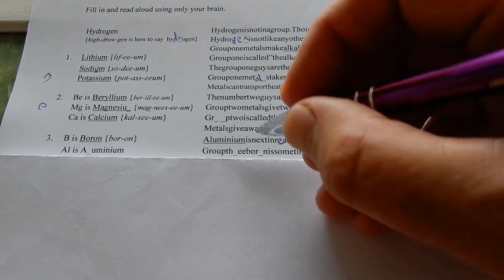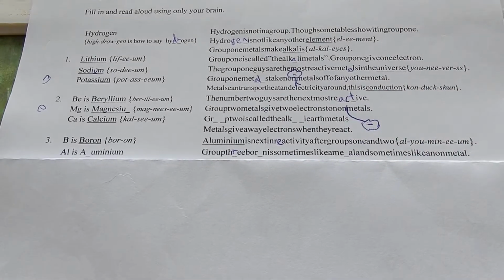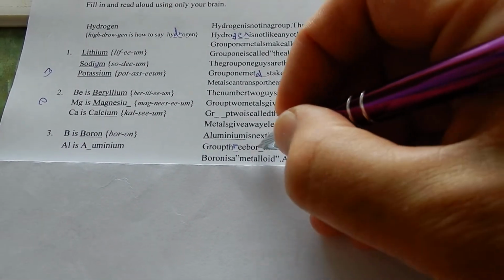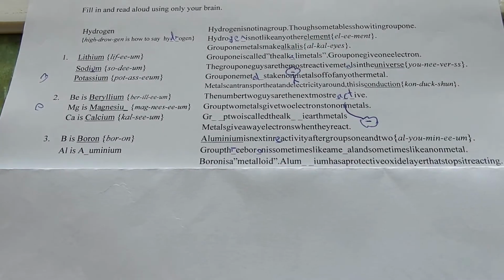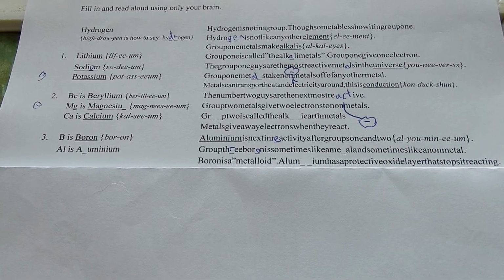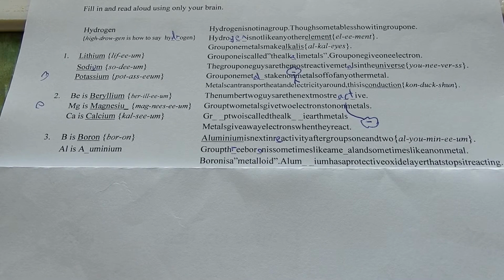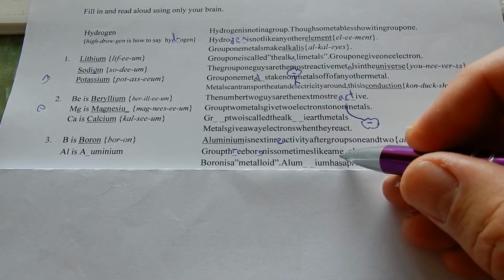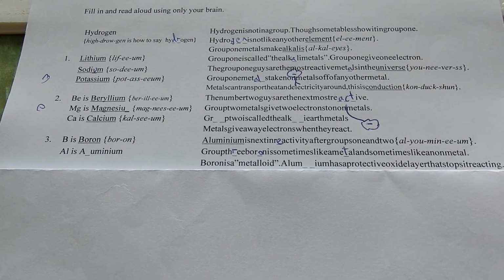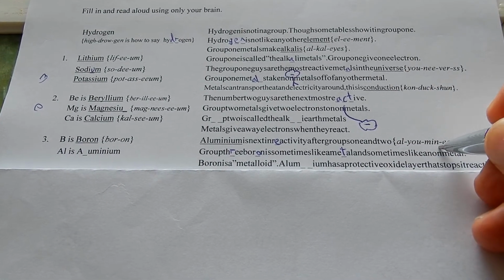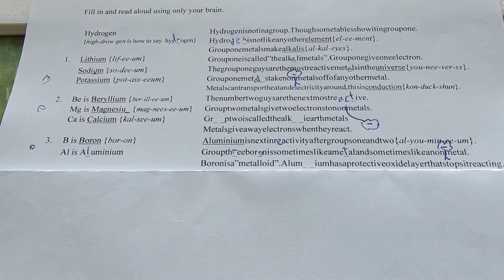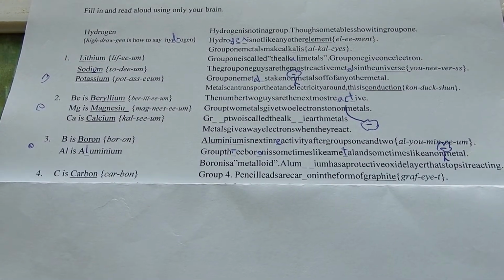Group 3, boron, is sometimes like a metal, and sometimes like a non-metal. Boron is a metalloid.